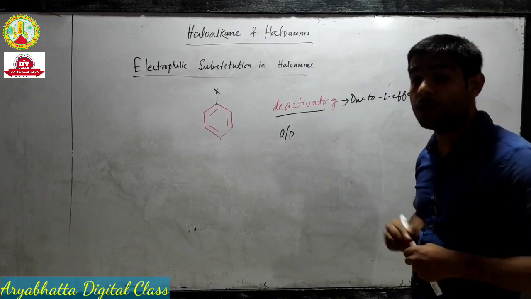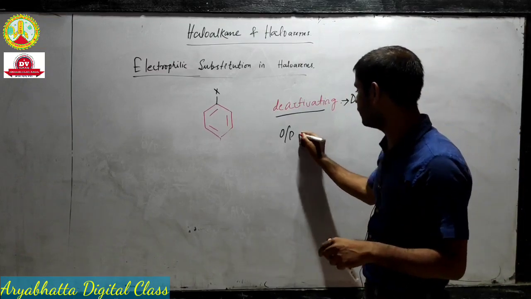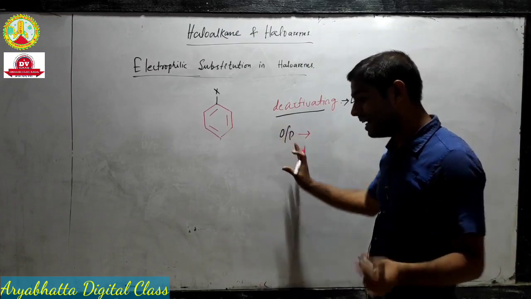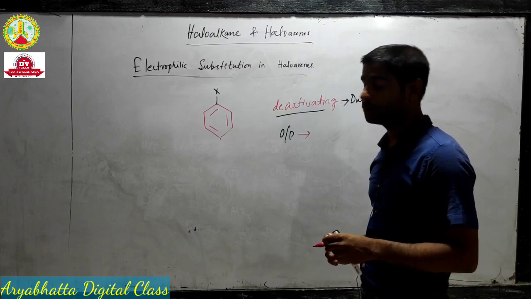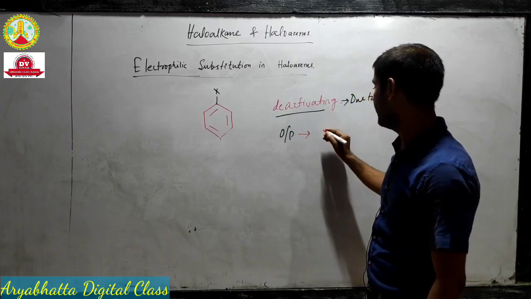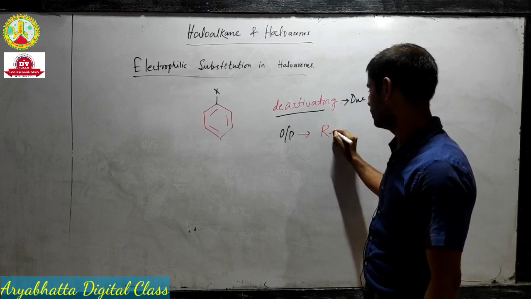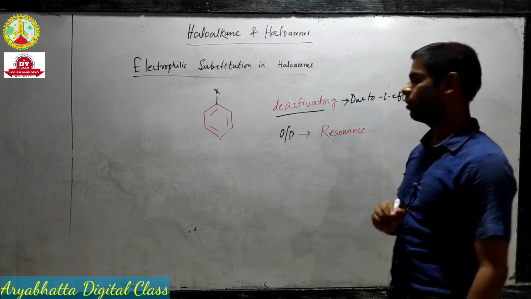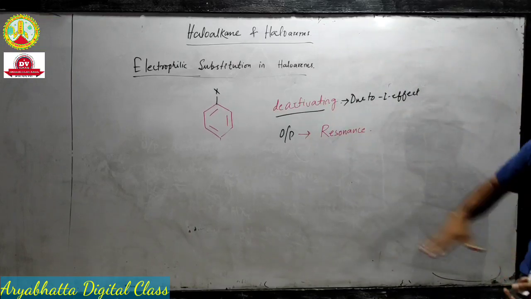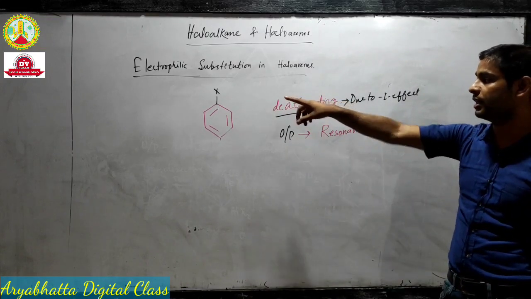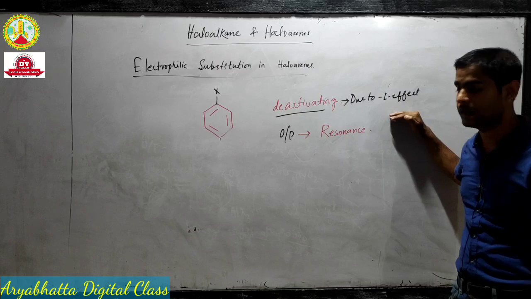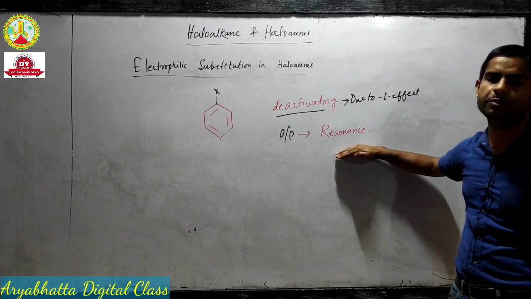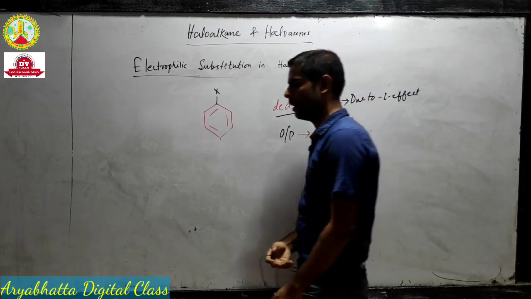But then how is it ortho-para directive? The directivity is justified by resonance. That means the deactivating nature of the halogen is because of the minus I effect, and the ortho-para directive nature is because of resonance.